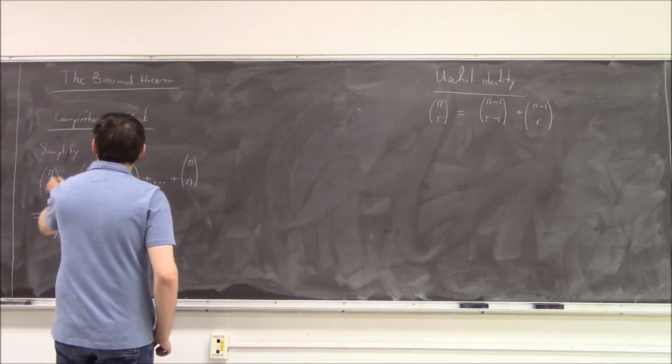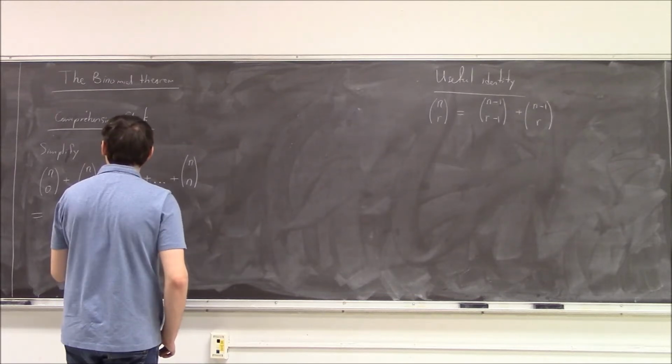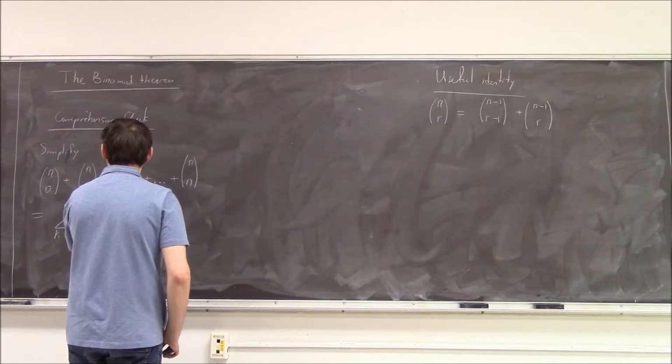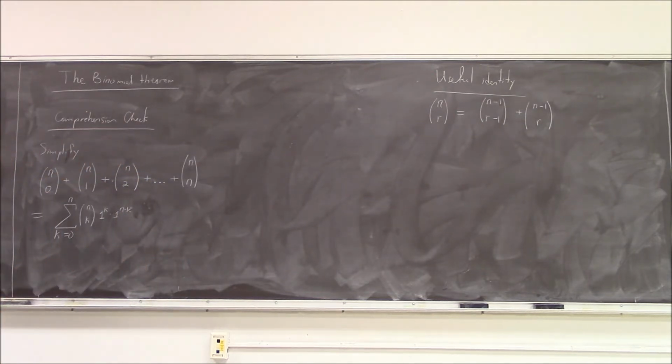And notice each coefficient here is 1, so I might insert here a 1 to the power of k. And here I might insert 1 to the power of n minus k. Now, this looks exactly like the binomial theorem where x equals 1 and y also equals 1.